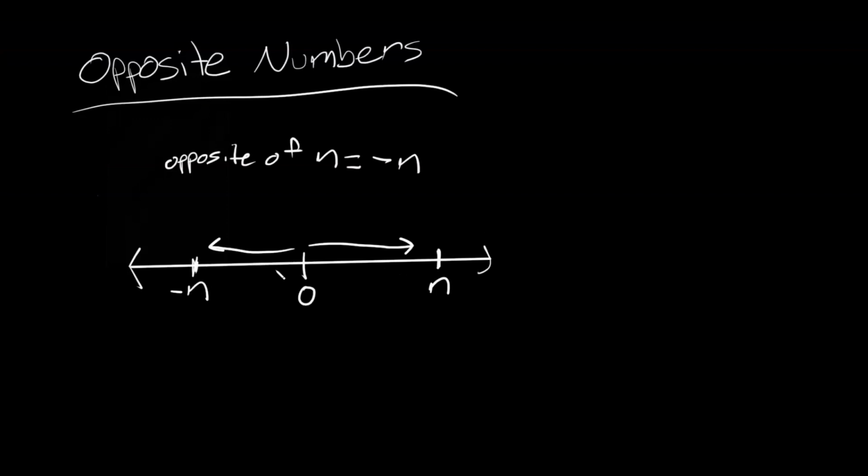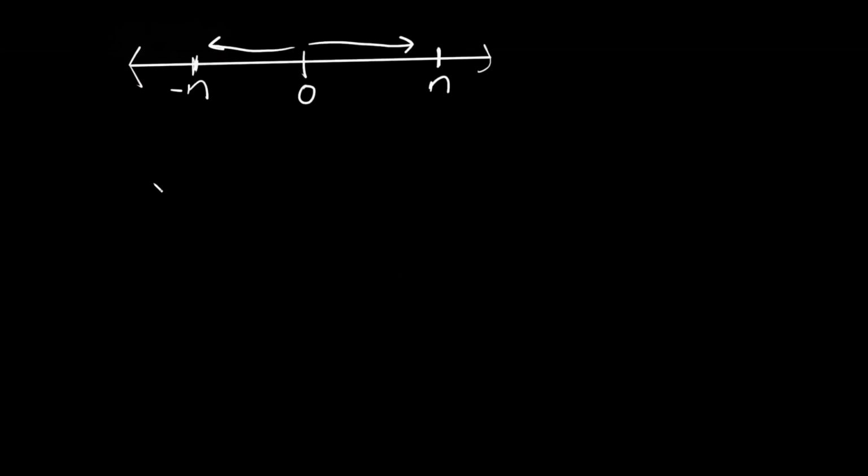And that brings us to a new question, and I'll draw another number line. We have some negative number. Actually, I'll give us an actual number this time. So we have -8. What is going to be the opposite of -8, the negative of -8?